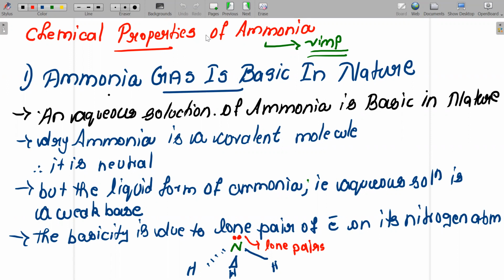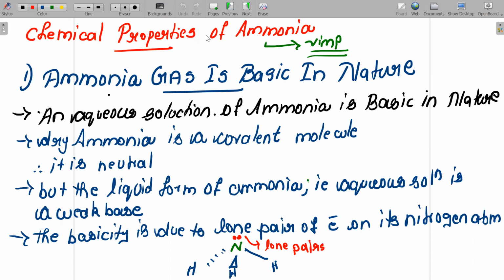How did ammonia get this basicity nature? The reason is NH3. It is nothing but a covalent bond, right? Nitrogen is bonded with hydrogen by using covalent bonds only. But there is a lone pair of electrons also. We have bond pairs of electrons and a lone pair of electrons, right? We have three bond pairs of electrons.